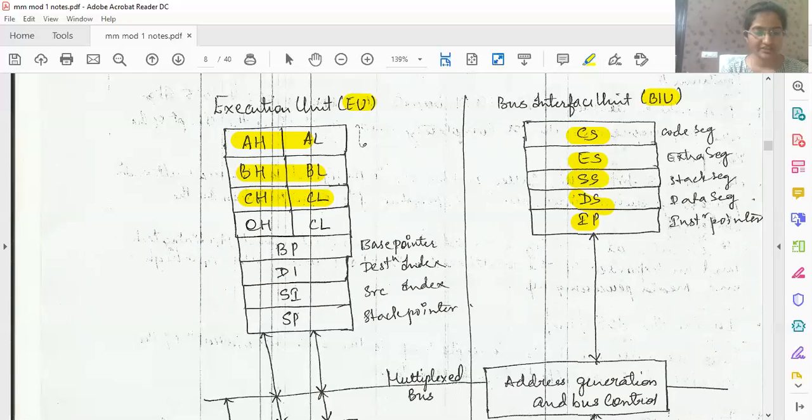Then you have DX. This has to be DL and DH. There is a misprint here.